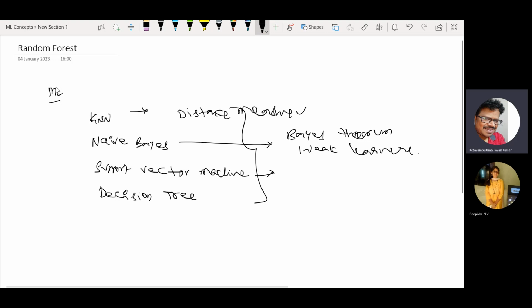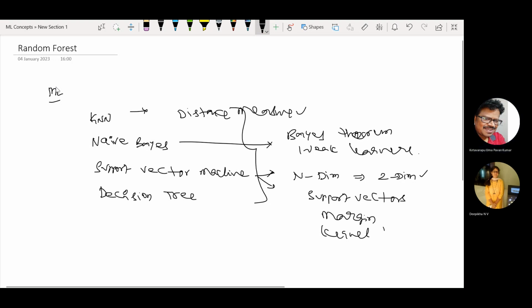Support vector machine handles n-dimensional data by mapping it into some two-dimensional logical format. The ideas are the support vectors, as well as maximizing the margin, and moreover the kernel trick. All these things we have studied, guys.